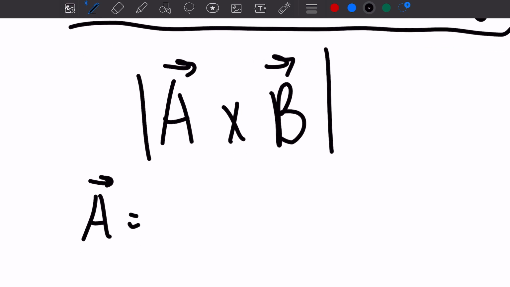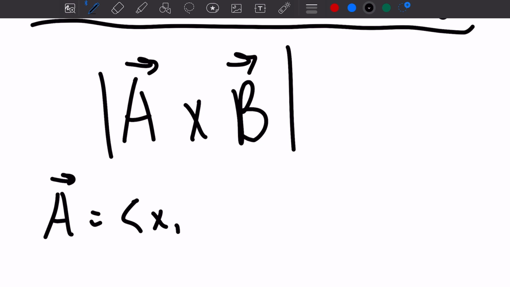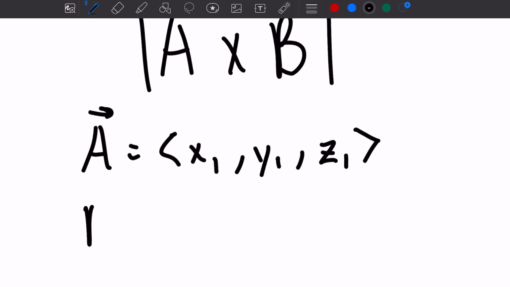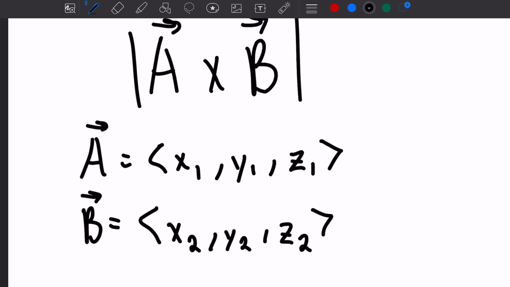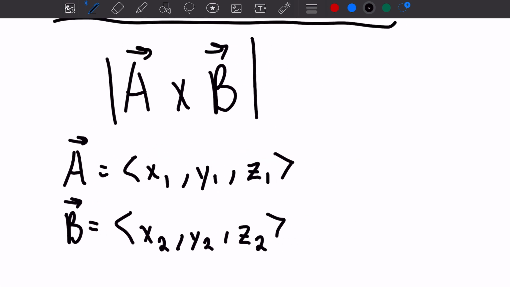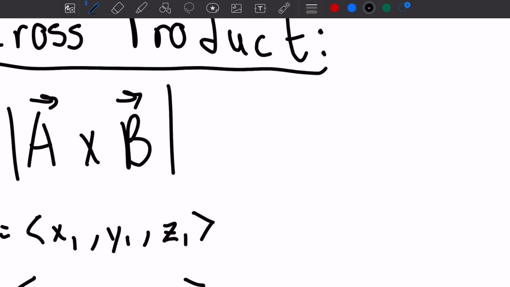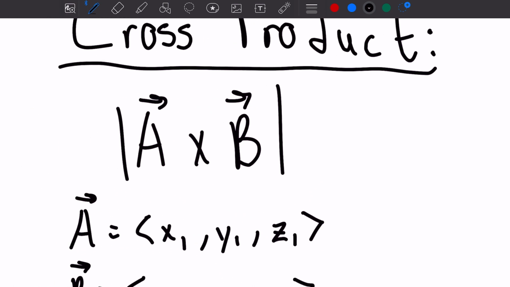We'll say A is equal to x1, y1, and z1, and we will say that B is equal to x2, y2, and z2. All right, and perfect. So first we'll be going over the algebraic definition.